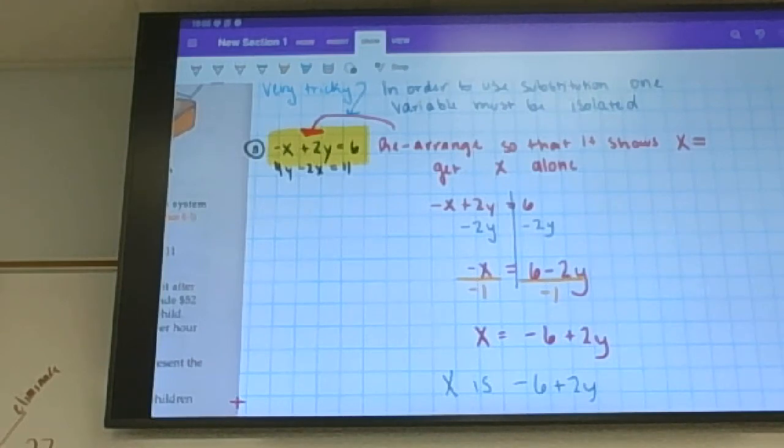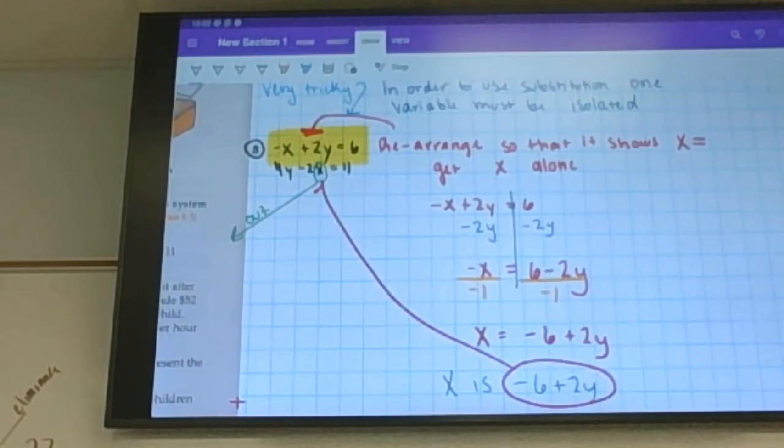So I'm going to go back to the problem. I'm going to take the x out of the bottom, and I'm going to replace it with -6 plus 2y. Now that I have what x is, I've solved for x, I can do a replacement.